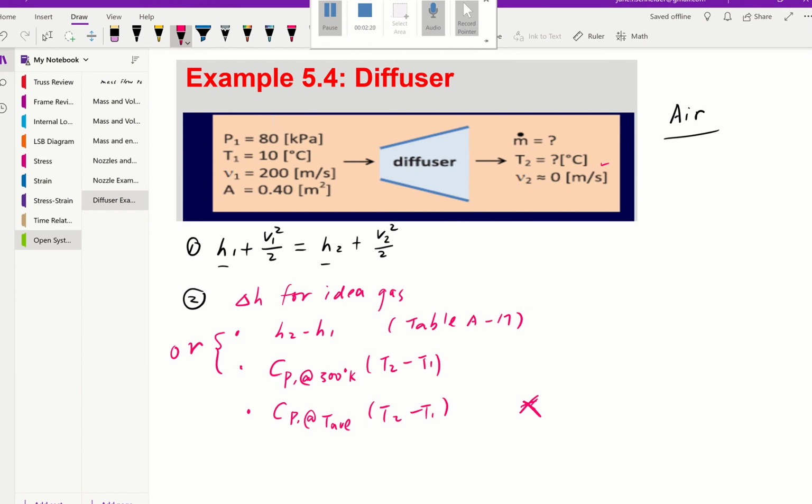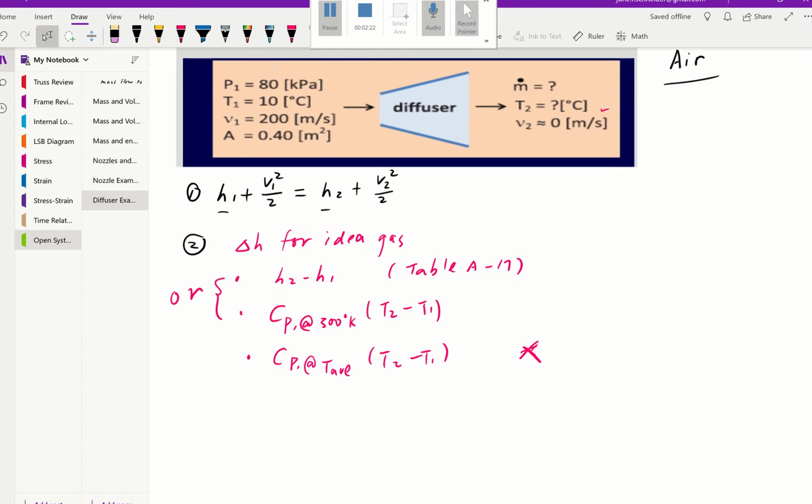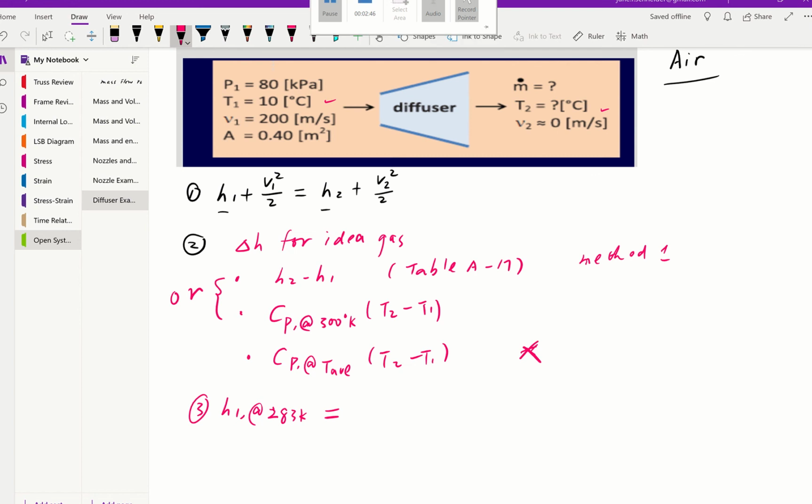If we use method number 1, using table A17, we need to find our h1 first. h1 at 10 degrees Celsius, that's going to be 283 Kelvin.